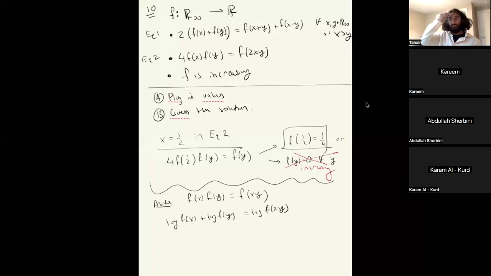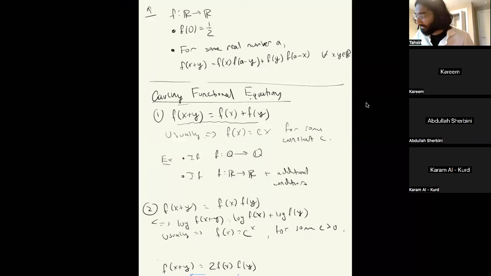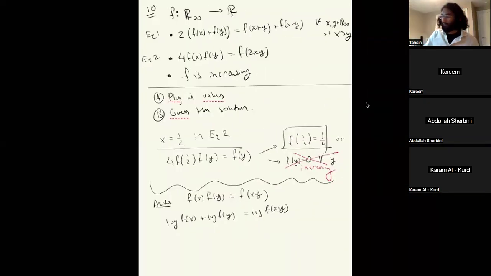So it's not quite the same, because remember, Cauchy was this: f of x plus y equals f of x plus f of y. Here we're getting f of x plus f of y equals f of x times y. So it's not exactly the same.